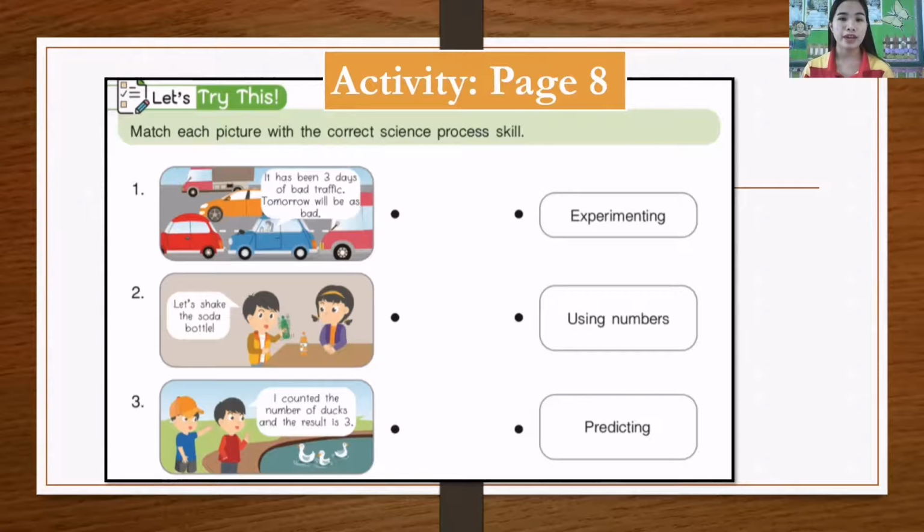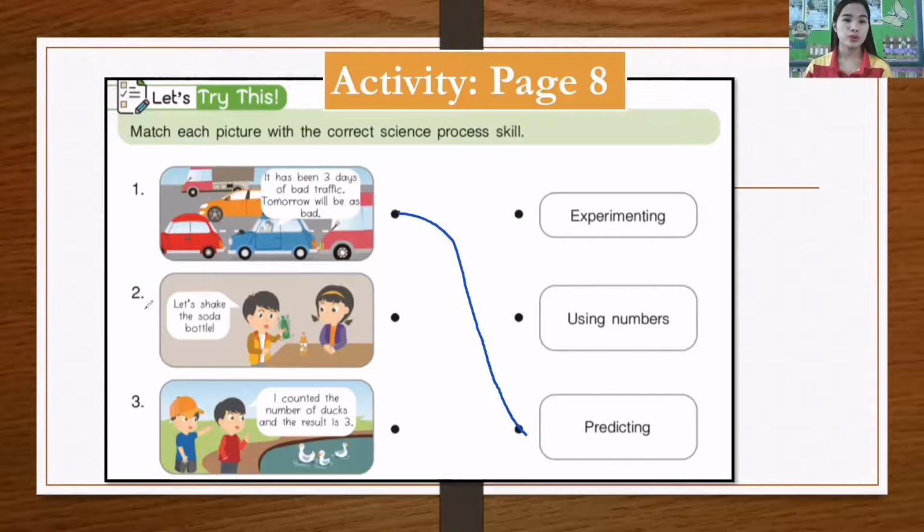Tomorrow will be as bad. Okay, what do you think is the process skill there? Is it experimenting, using numbers, or predicting? Okay, so I'm going to answer number 1. The answer there is predicting.